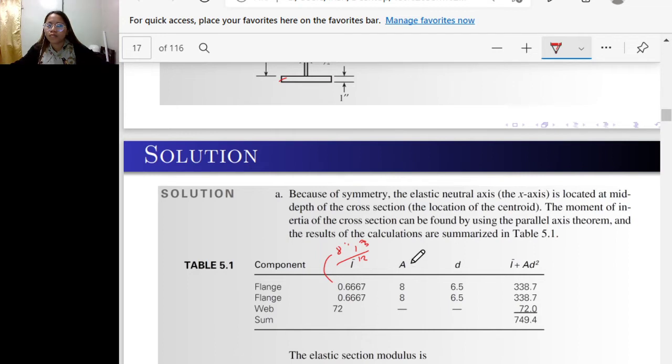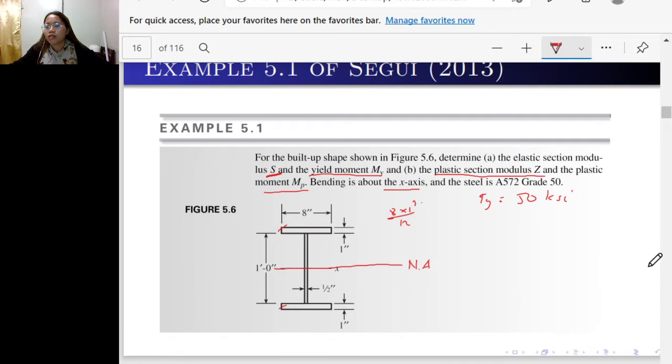So that is 0.666. Then the area is 8 inches times 1 inch. Then D is the distance from the neutral axis to the centroid of the flange. So try to look at the figure.